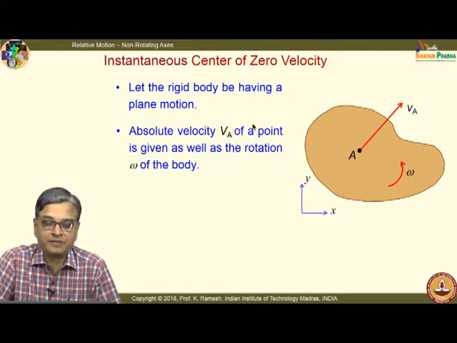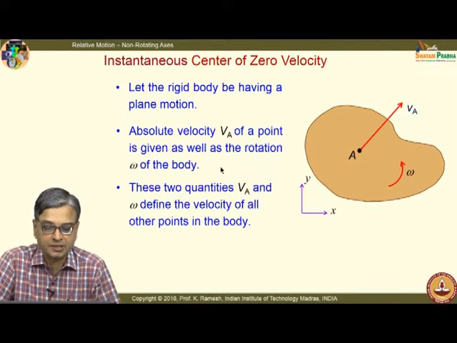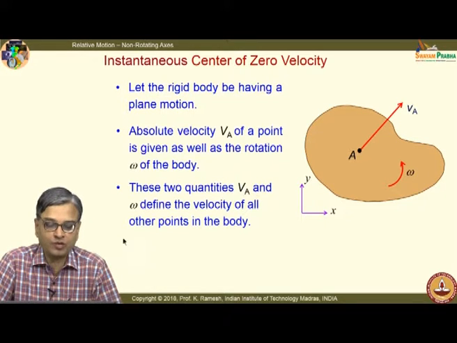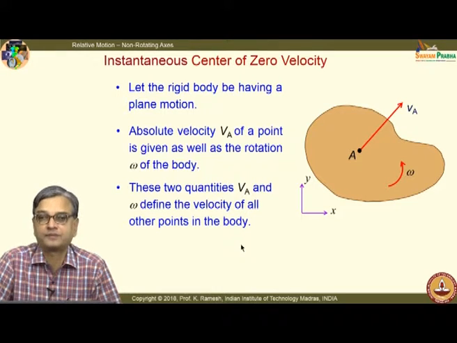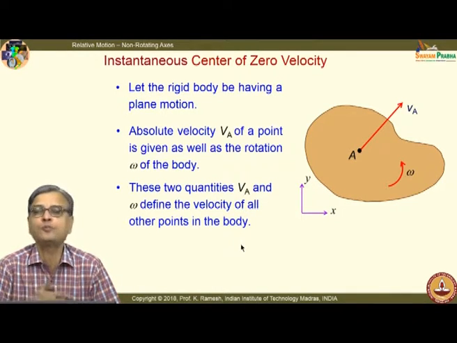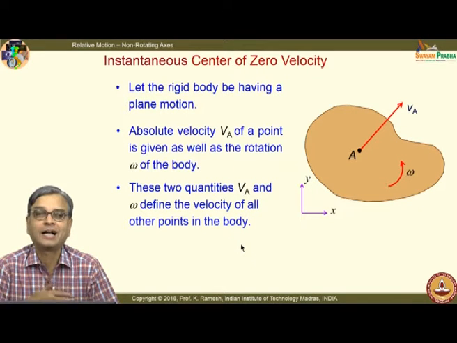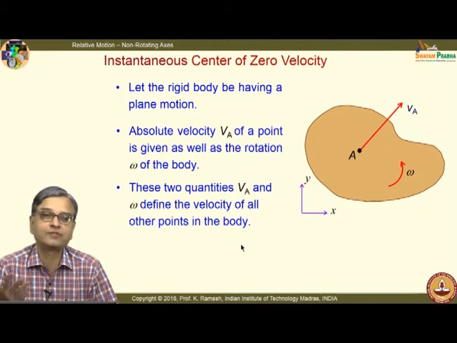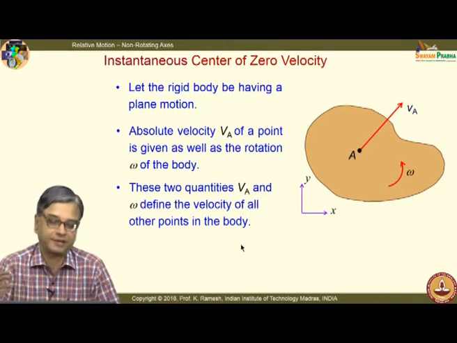Absolute velocity Va of a point is given as well as the rotation omega of the body is given. And if I know these two quantities, it defines the velocity of all other points in the body. Or in other words, if I know the absolute velocity of any 2 points in the rigid body, I know the motion of the rigid body comfortably.